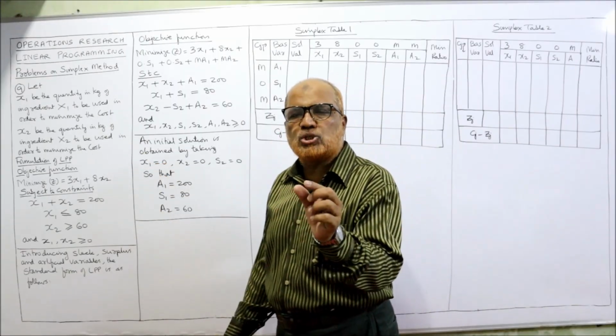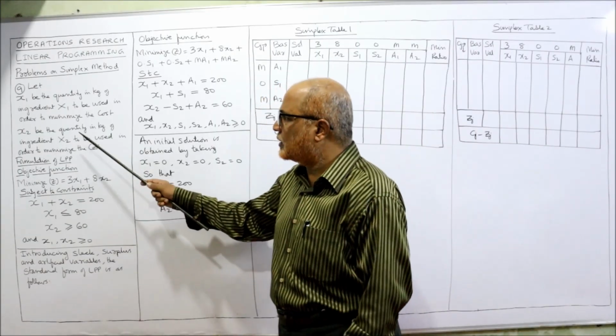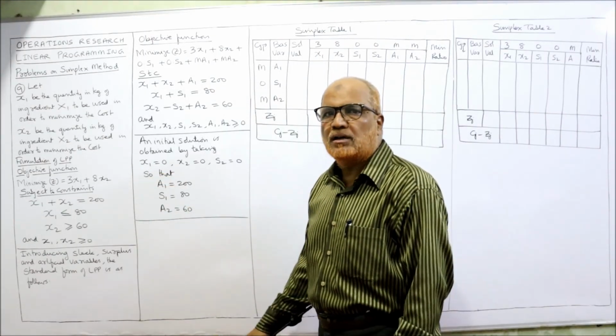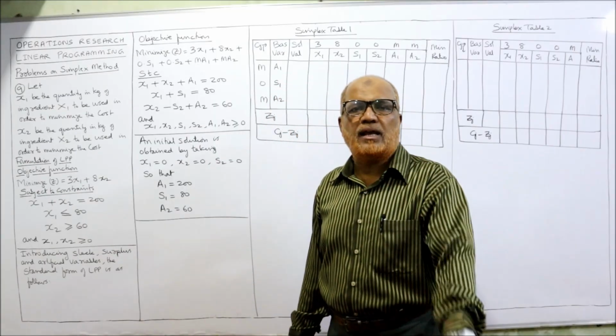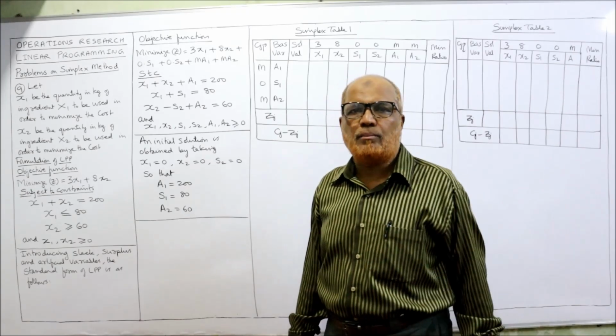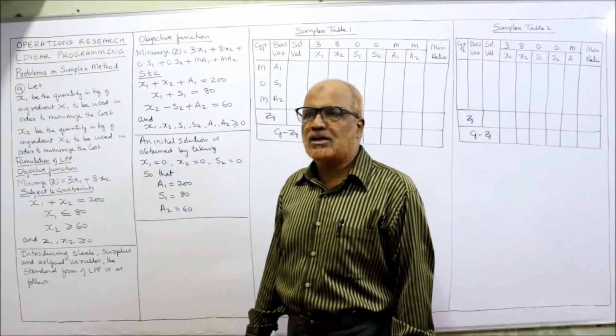Similarly, small x2 is the quantity of ingredient X2 that should be used in order to minimize the cost. So our objective is to ascertain x1 and x2: how many kilograms of X1 and how many kilograms of X2 should be used in order to minimize the cost.